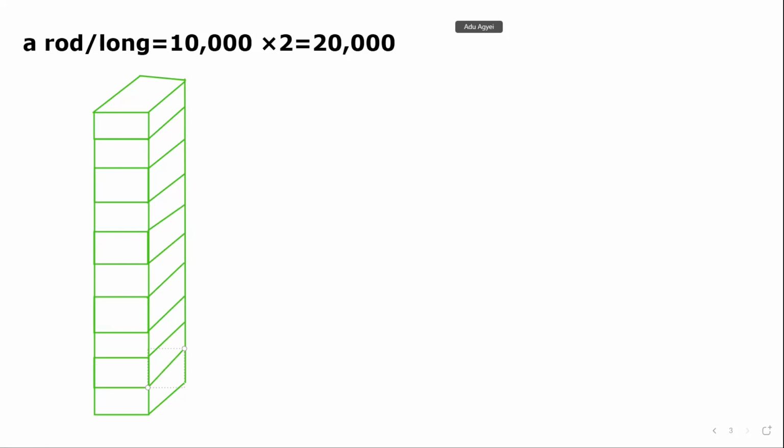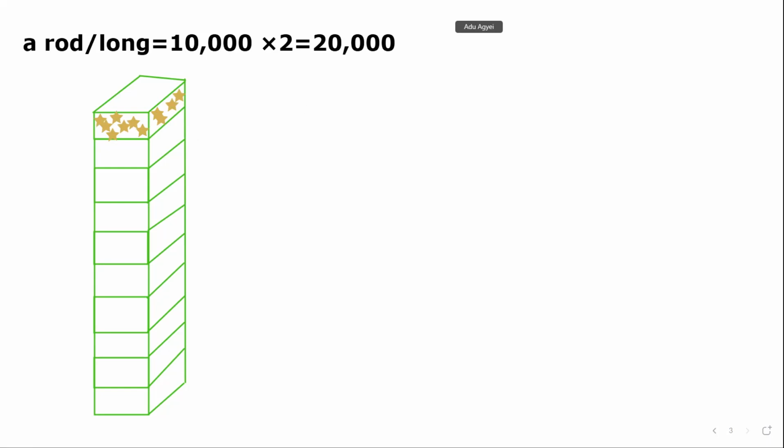Let me identify one key for you. That is one key. Okay. Good. So this one here represents 10,000.